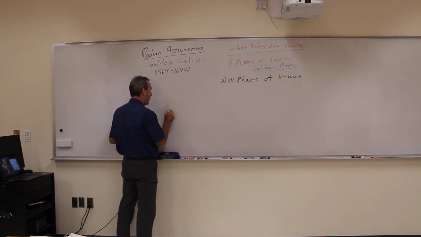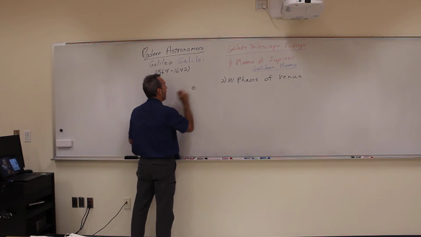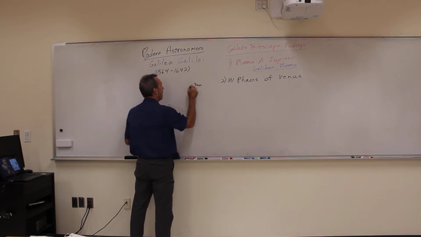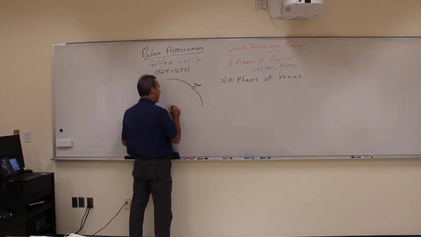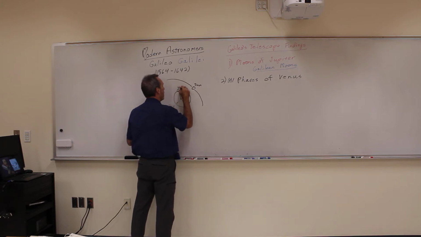Remember, in Ptolemy's model, the Earth was at the center. Then we had the sun out here, going around the Earth. And then there was a line between them, and Venus was on an epicycle with its center connected to the sun.